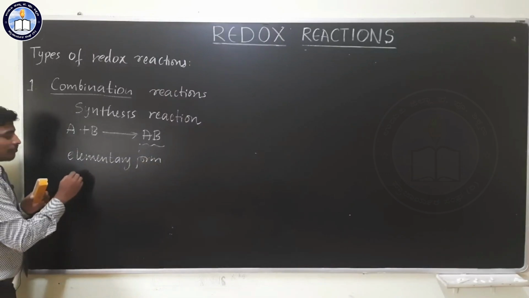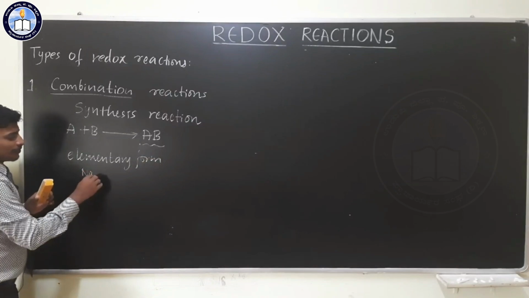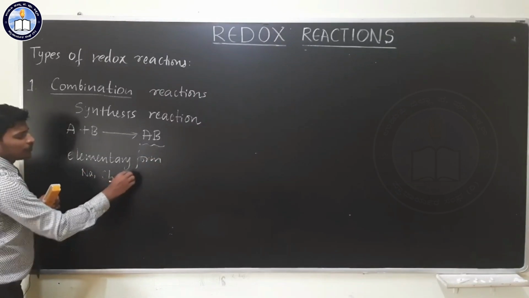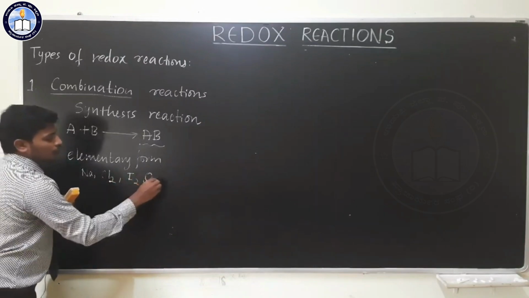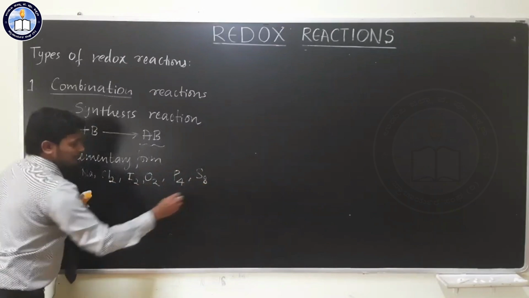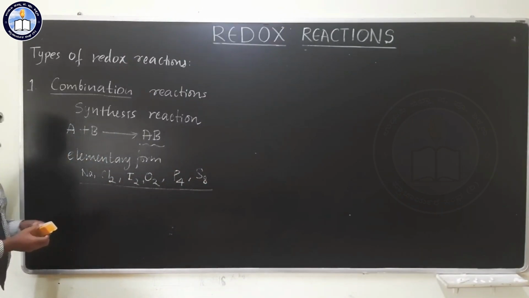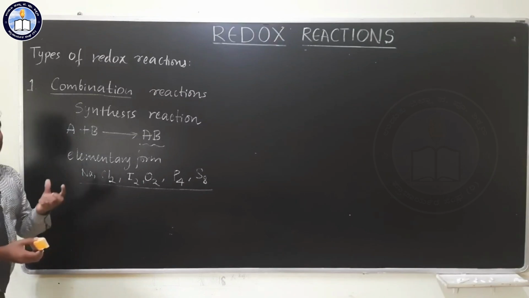For example, elementary state, it may be sodium, it may be Cl2, it may be I2, O2 or P4, S8. These all come under elementary form. Elementary form means what? Purest form.